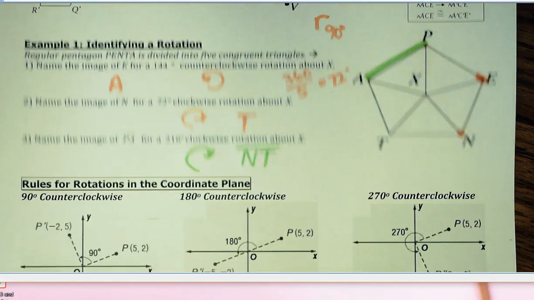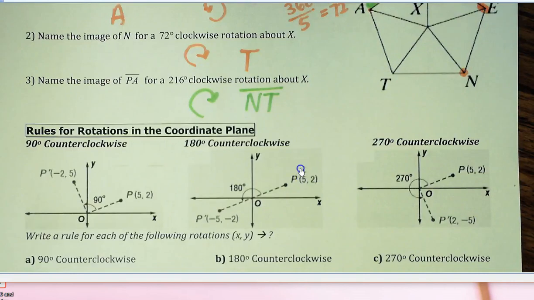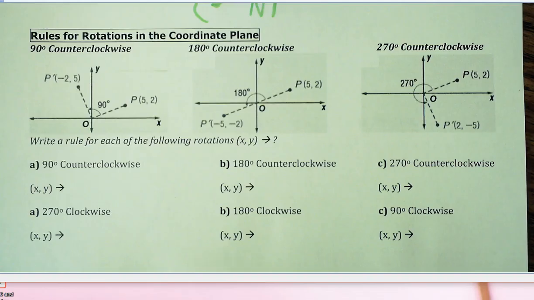All right, now in the coordinate plane, there are rules, and you are welcome to use these on the assignments for rotations. And so I have each one listed here as counterclockwise. That's how it appears in the picture. The pre-image is a plain letter. The image is the letter with a little prime. It looks kind of like a little apostrophe. And it gives you each of these.